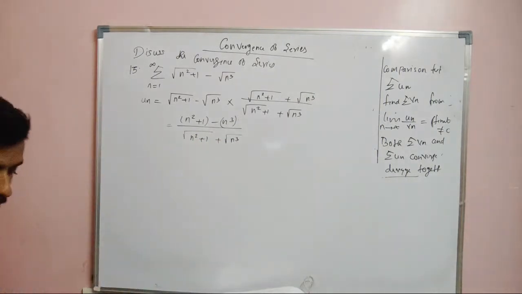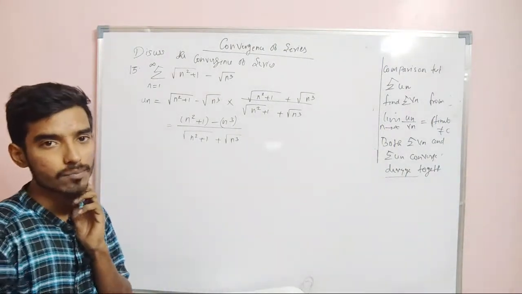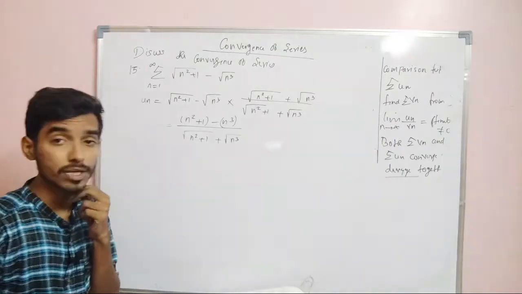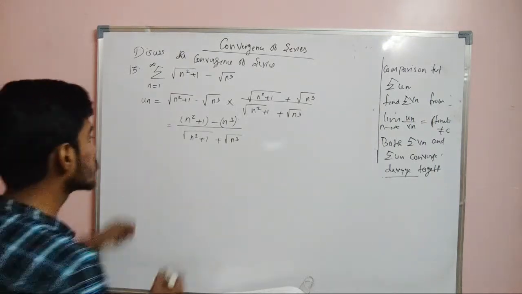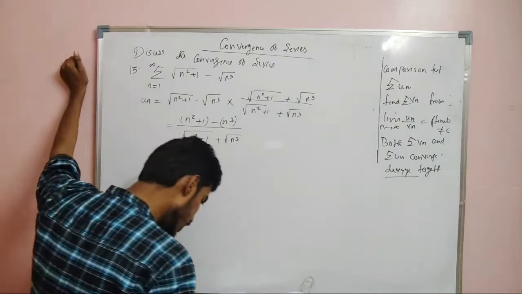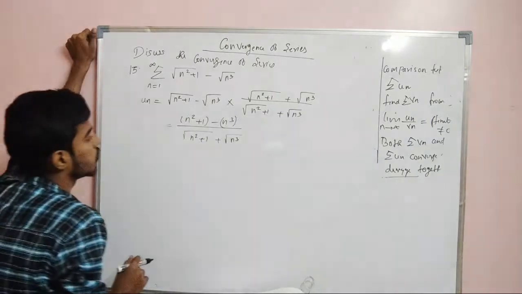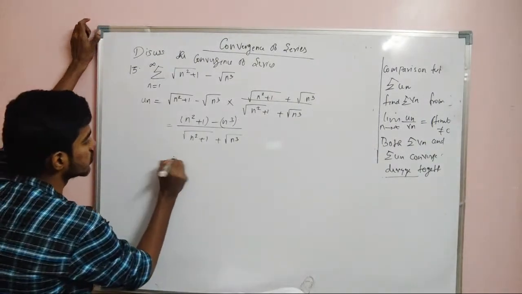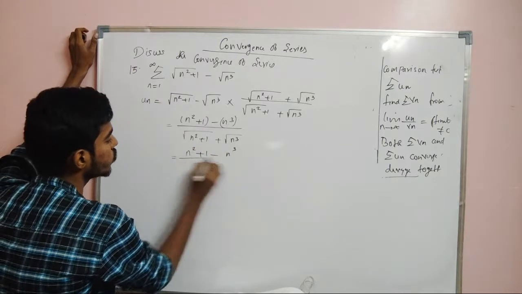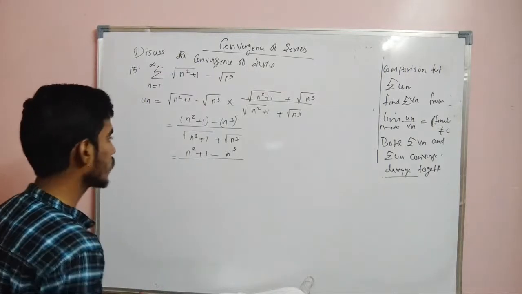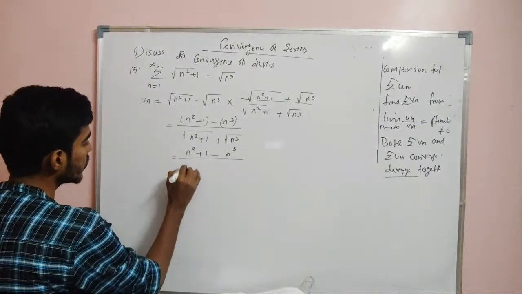Now you can follow the previous method that we did for the first 14 problems. You find vn from un, and find the limit as n tends to infinity of un by vn, and if it is finite and non-zero, then both series behave alike. So let us simplify this. This is nothing but n square plus 1 minus n cube divided by, and here I'm going to take root n cube common.